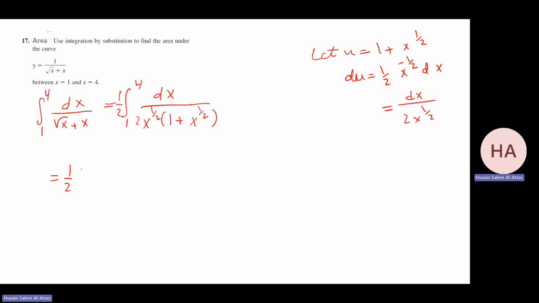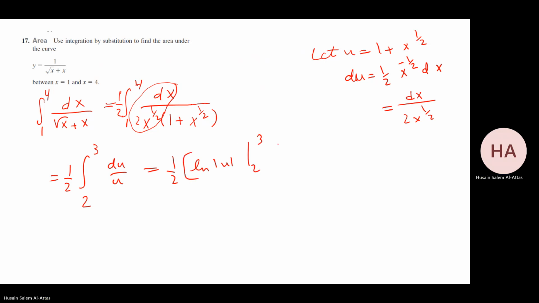This is du over u, which is easy to do. Now the integral will be from where to where? Instead of 1 plus 1, that will be 2, and for 4, it will be 3. So that will be half ln of u from 2 to 3.